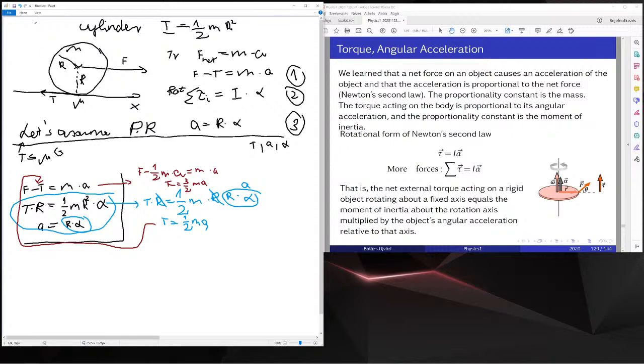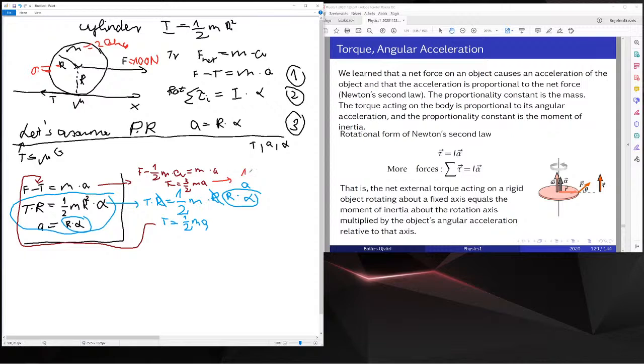Since F is 100, oh, I haven't had F, let's say it's 100 Newton, m let's have it 20 kilogram, a bit heavier, radius can be 0.5.